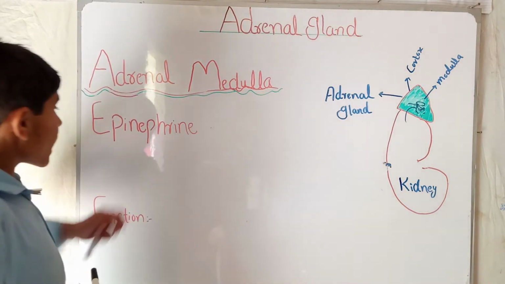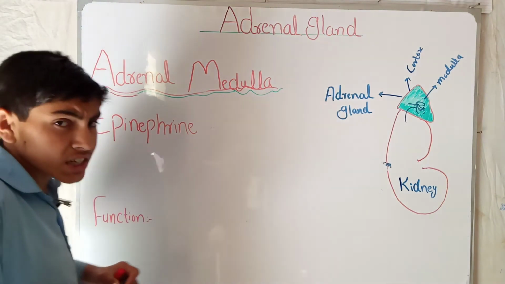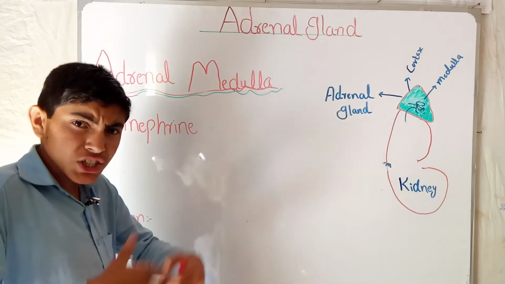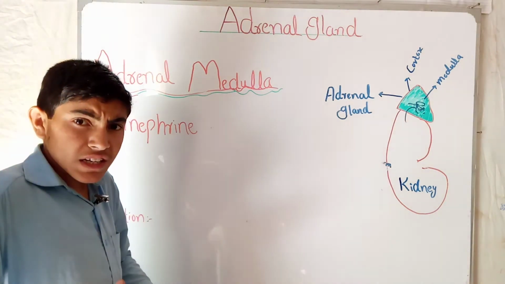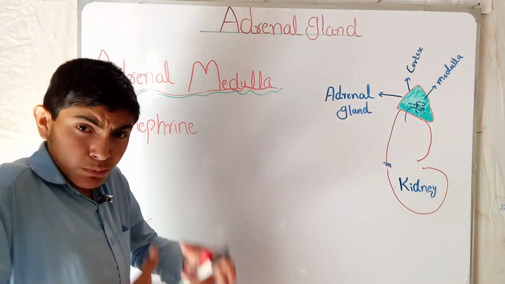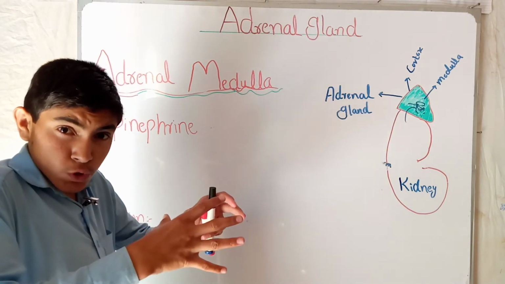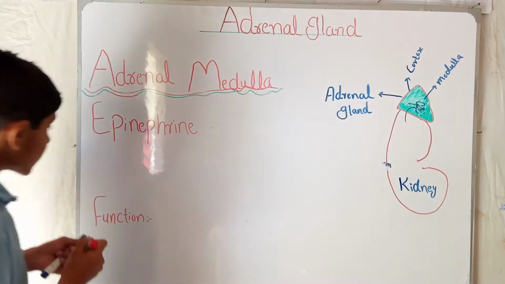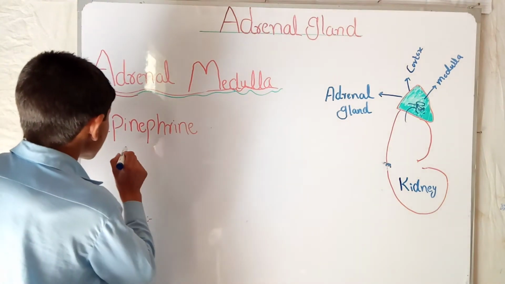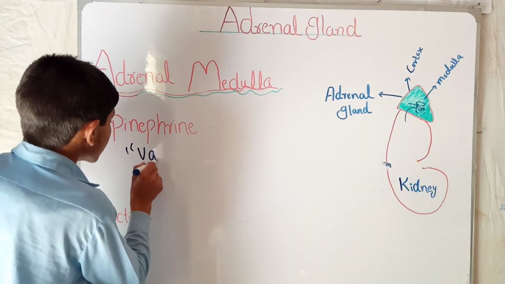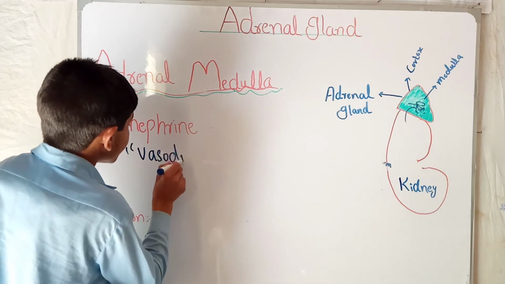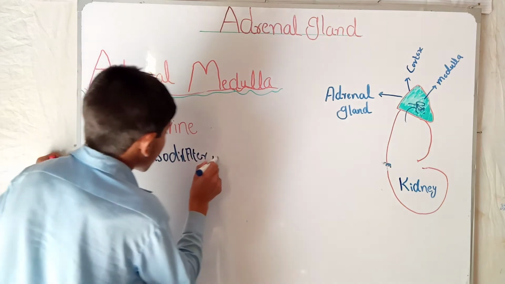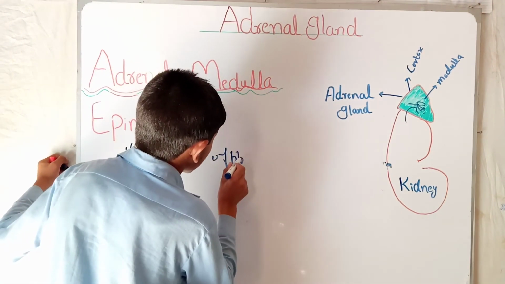Epinephrine is secreted during stress, anxiety, pressure, or when someone is fighting with you. So this hormone is secreted at that time. It is also a vasodilator of blood vessels.